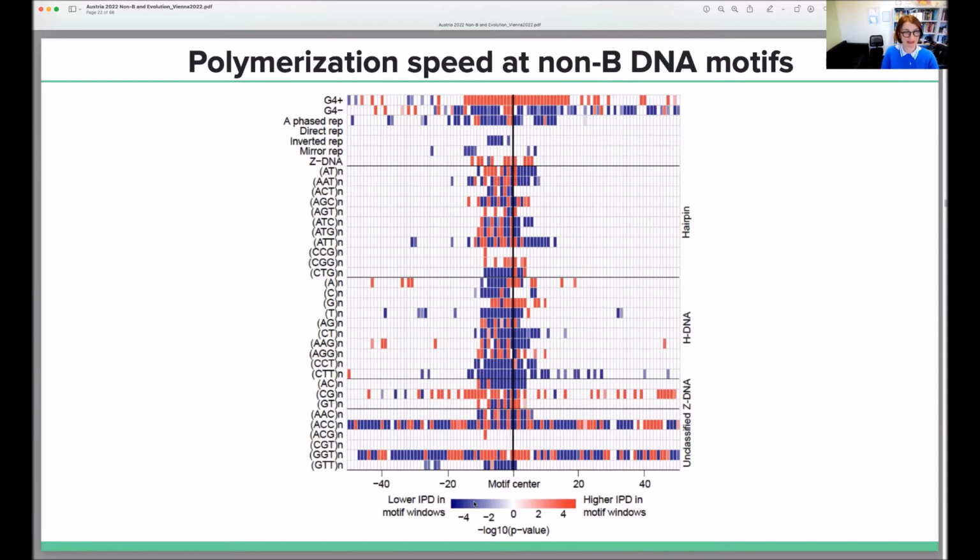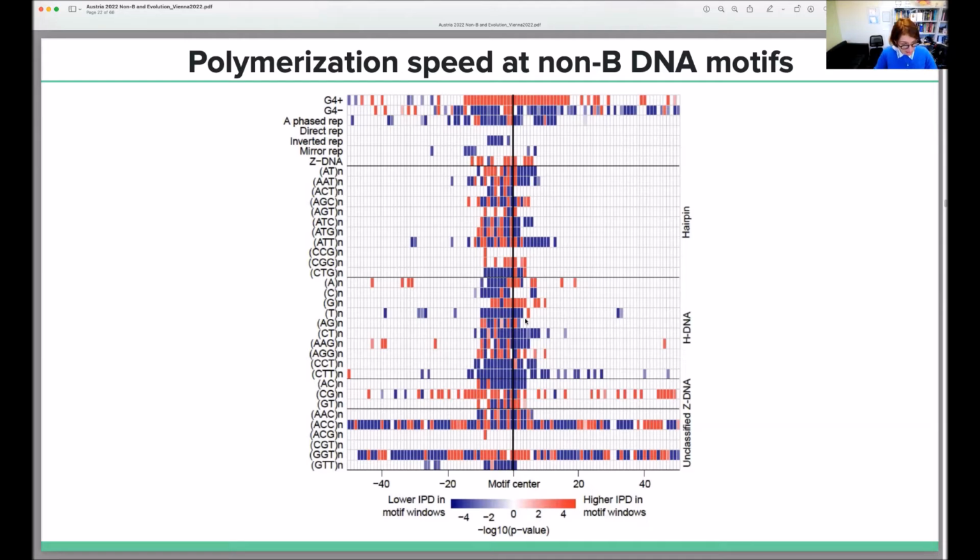Some motifs were leading to speed ups in polymerization speed, and G4s, G quadruplexes, led to very significant slowdown. And some other motifs were changing speed in more periodic ways.